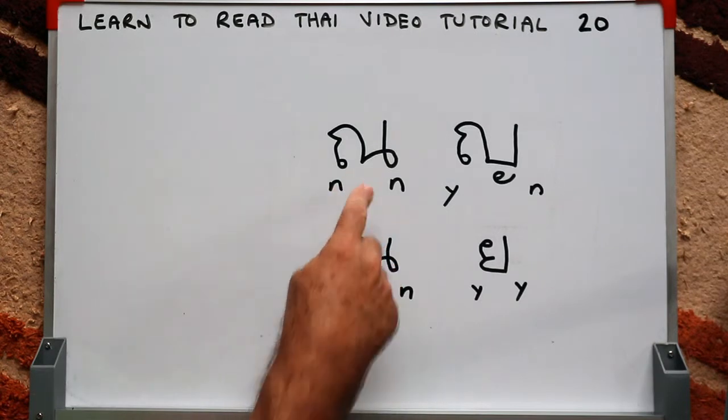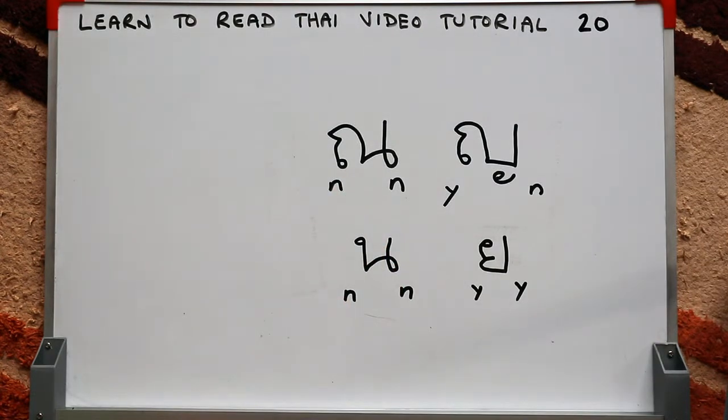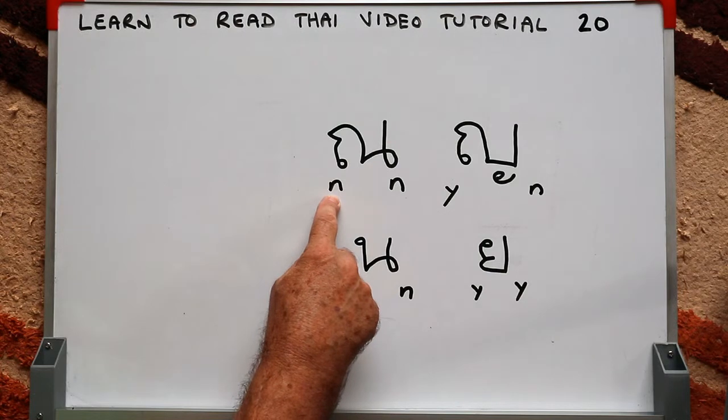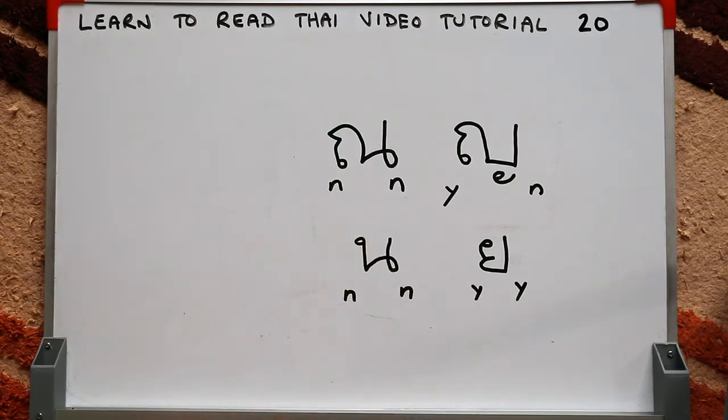And we have this one, which is called Nornain. Nain is a novice monk in Thailand. That makes an N sound as an initial consonant and an N sound as a final consonant. And this one, which is Yor Ying, Ying as in female. And that makes a Y sound as an initial consonant and an N sound as a final consonant.